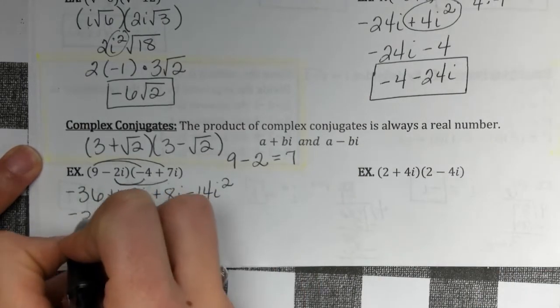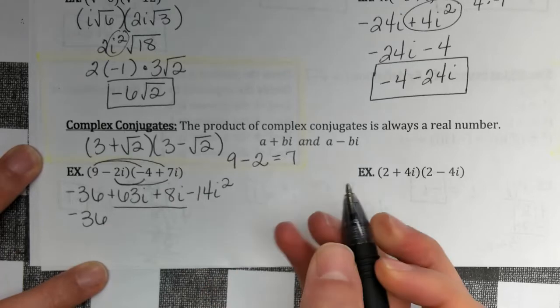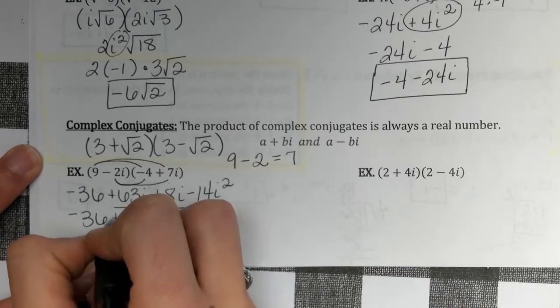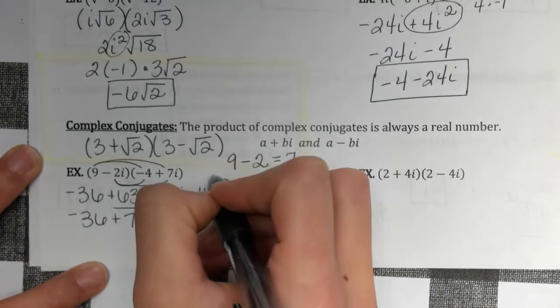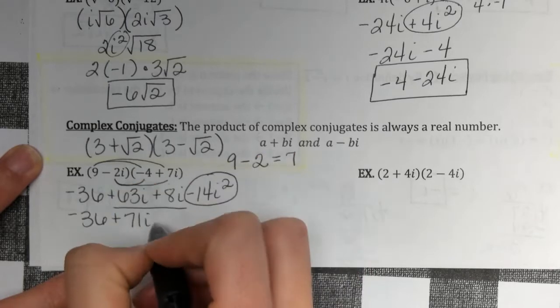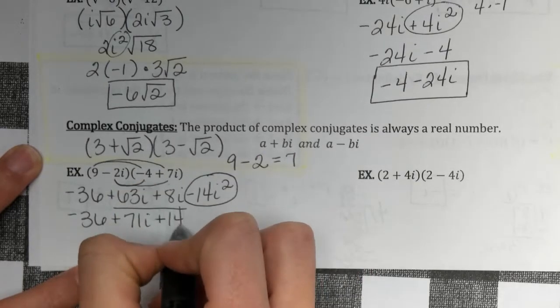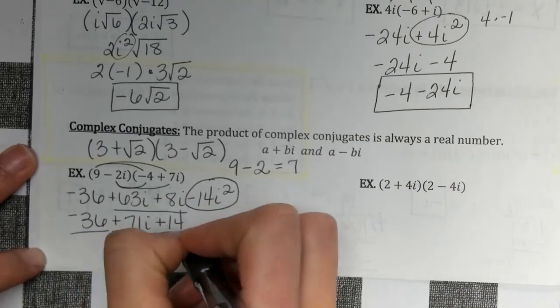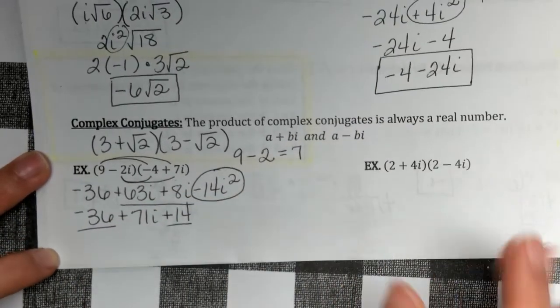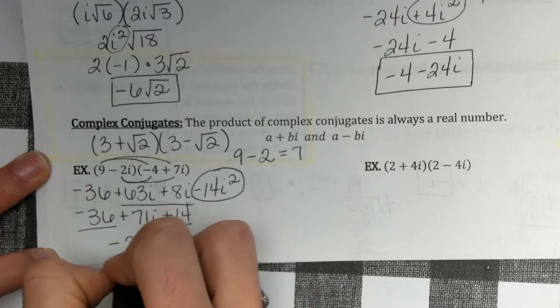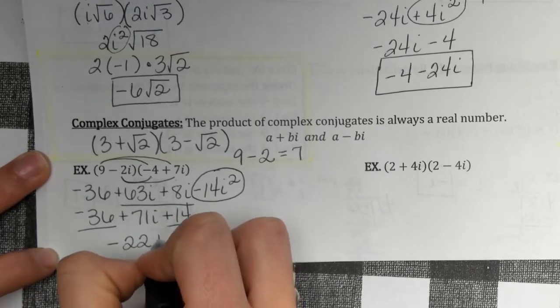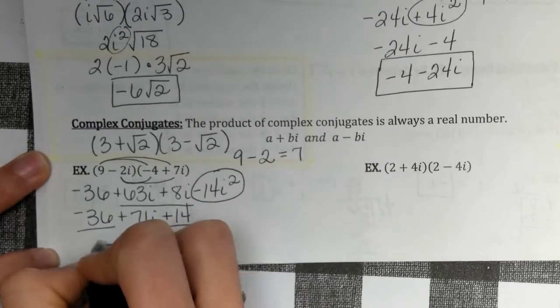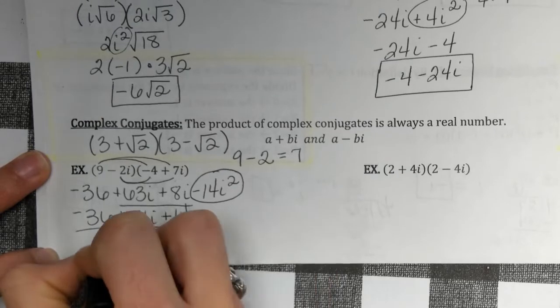So I've got a -36, 63i plus 8i is going to give me 71i. -14i squared turns into plus 14. And then I need to do the -36 plus 14, and that gives me -22 plus 71i. It's in standard form.